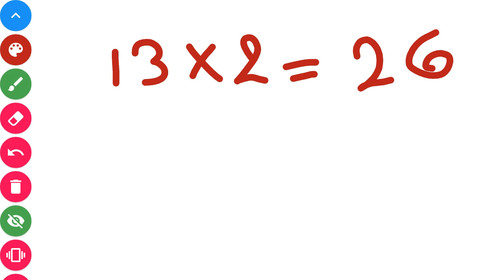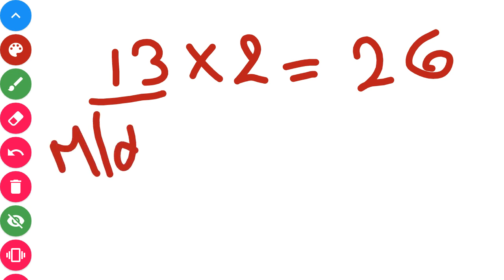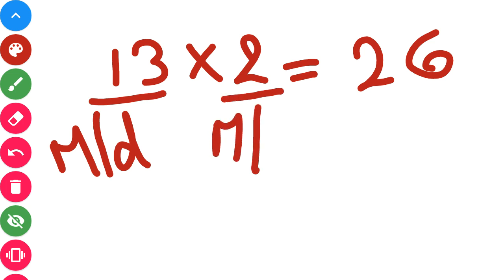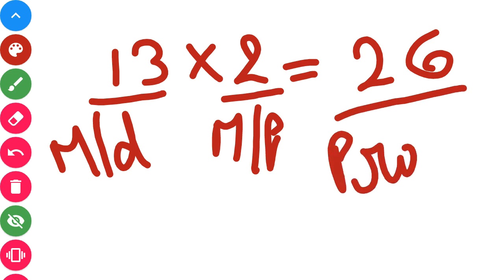Now this first term, 13, is the multiplicand, this 2 is the multiplier, and this 26 is the product. We did this yesterday.